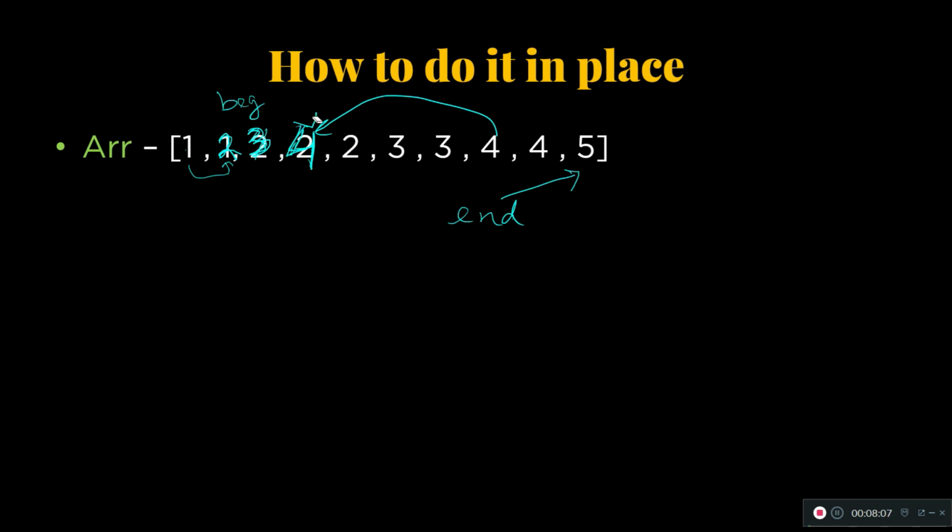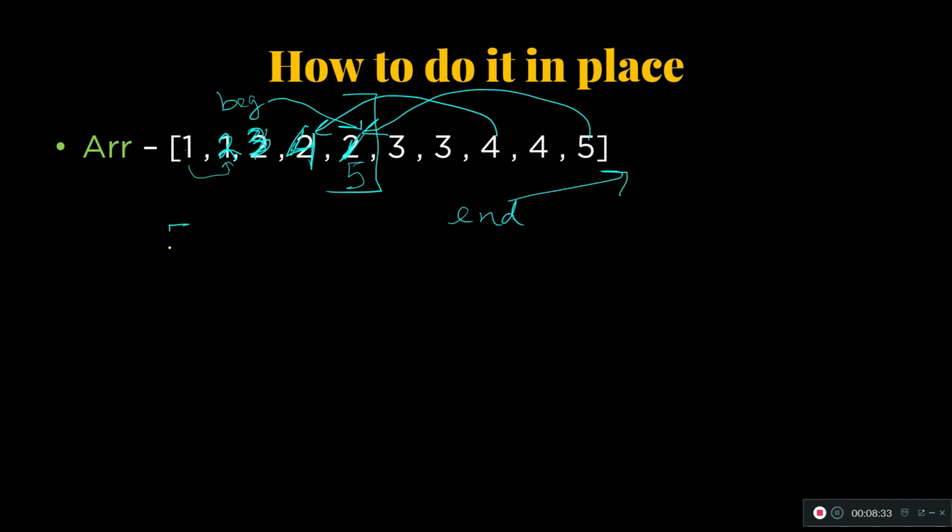Since 4 is not equal to 5, we increment the beginning pointer here, we copy this element here, so this becomes 5, and then we move the end pointer forward. Since this is the end of the list, we have finally found the non-duplicate elements.